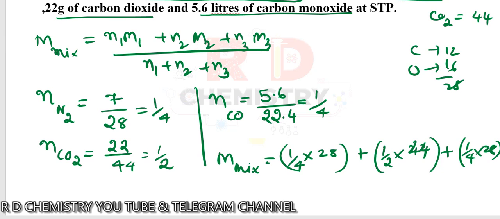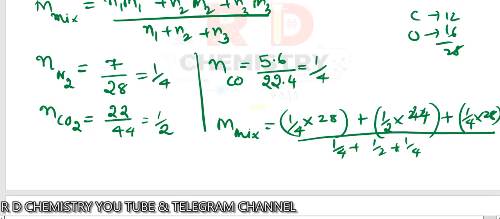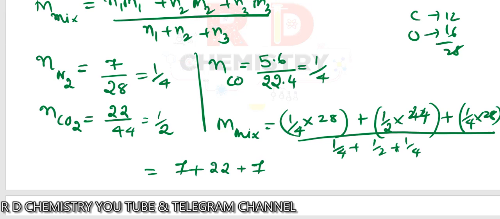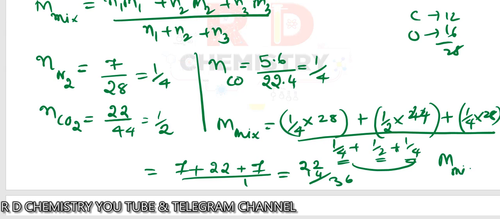Divided by the total number of moles, 1 by 4 plus 1 by 2 plus 1 by 4, right? So this is equal to 7 plus 22 plus 7 again, whole divided by 1 by 4 plus half plus 1 by 4, half plus half, so 1. So this will be equal to 22 plus 14, so this gives us 36, right? So the molar mass of the mixture of gas is now 36 grams per mole.